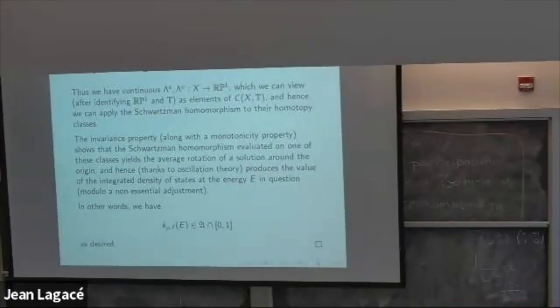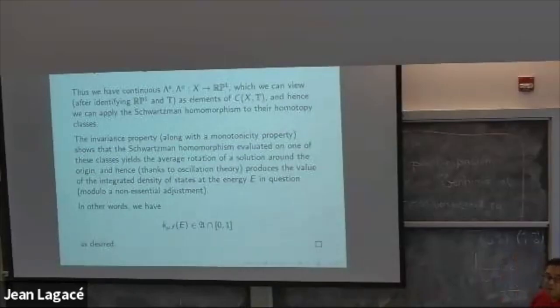You can suitably interpolate them, retaining the interpretation of what you're doing as describing solutions of the difference equation. And then the rotation of them by oscillation theory is eigenvalue counting, and eigenvalue counting is IDS. End of proof.